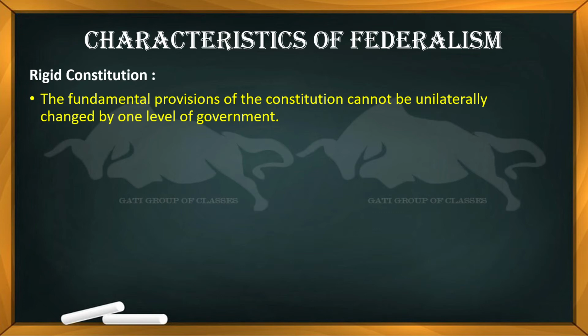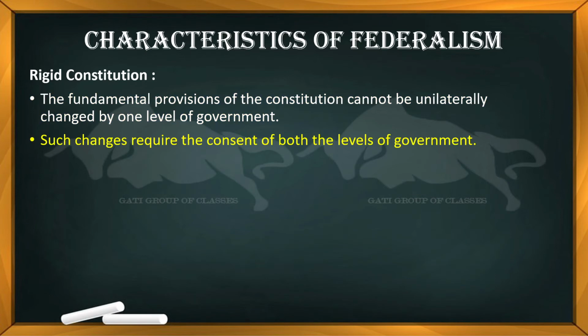If anyone wants to amend the constitution, there is only one way, that is majority, whether it is a simple majority, a special majority, or something else. Such changes require the consent of both levels of government, center as well as state.